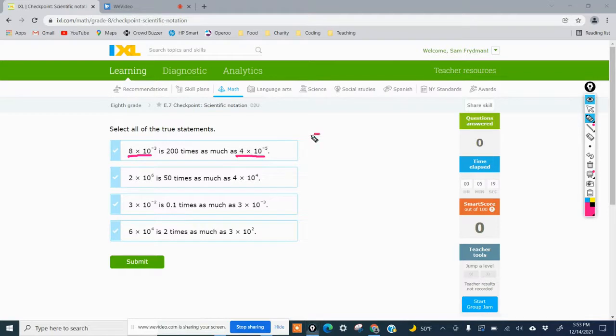So let's do that. 8 times 10 to the negative third divided by 4 times 10 to the negative fifth. Well, 8 divided by 4 is 2. So we're going to get 2 times, and then 10 to the negative third divided by 10 to the negative fifth. If we're dividing with terms with the same base, then we subtract the exponents.